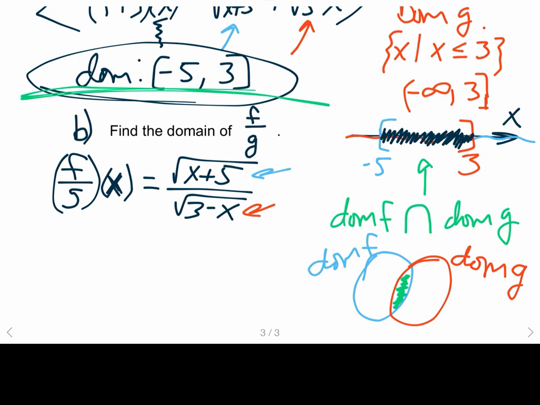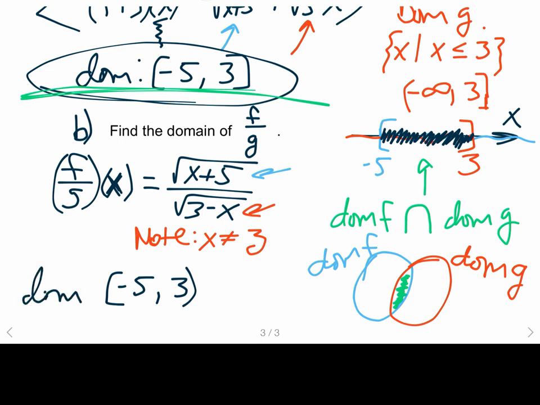The one additional consideration we need to make is that because it's in the denominator, the square root of 3 minus x cannot equal 0. Therefore, x cannot equal 3. So this domain is going to be a square bracket at -5 because the numerator can equal 0, comma 3, but at 3 we have a parenthesis. So this is the domain of this quotient function.